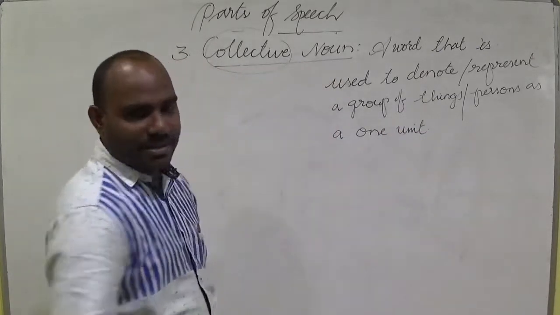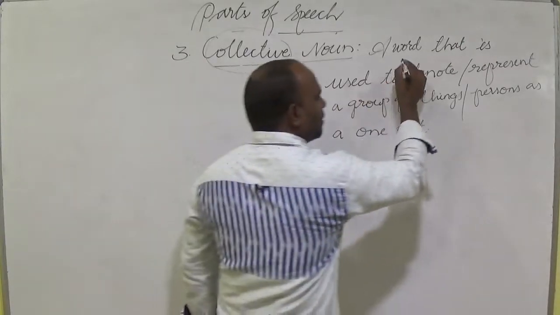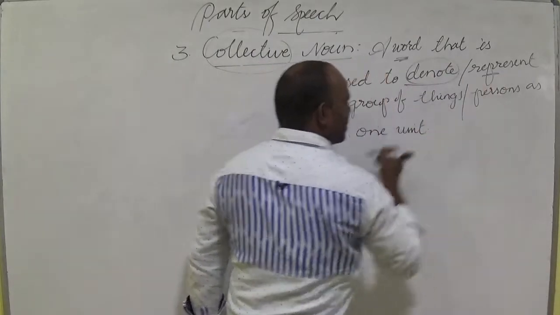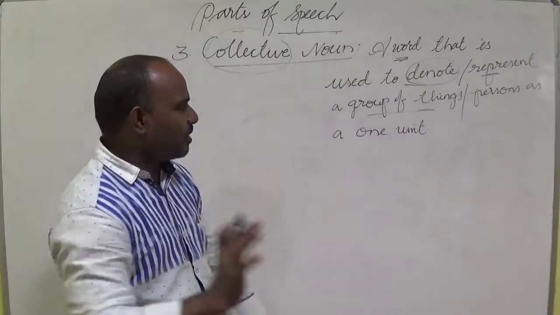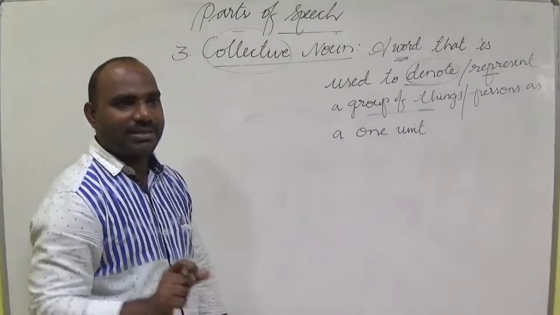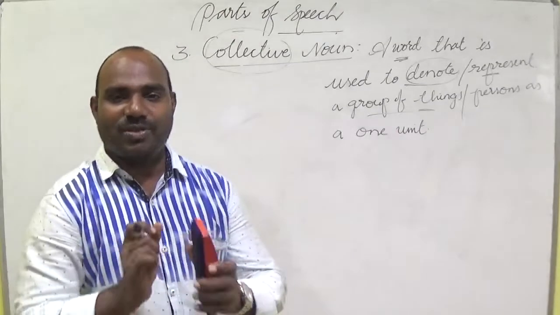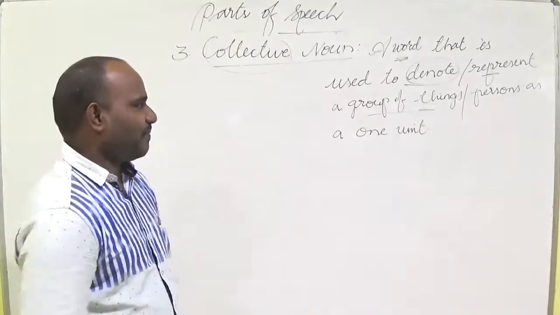As one unit means as a whole, as one. A collection of people, a collection of things coming together at one place is called a collective noun.